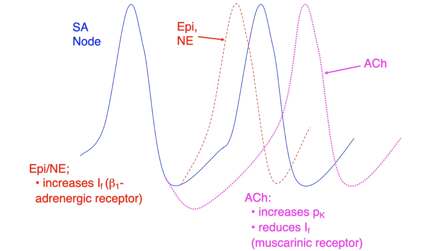So you see in this purple tracing here, that lowest potential goes to a more negative value, so that even if the funny current is flowing, and let's say it's flowing at the same rate as the unmodified action potential, it will just take more time to reach threshold because it's starting from a lower value. And then this is how acetylcholine can regulate the rate of the heart to a slower value. It reduces the rate, increases the period, slows down the heart rate.